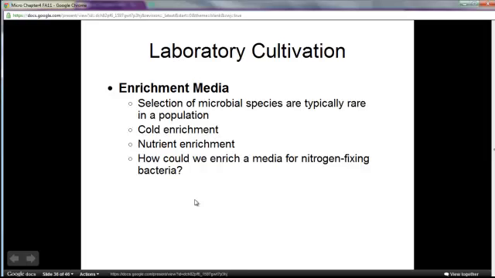There's also nutrient enrichment. If you know that a rare species will eat organic compounds like sugars like glucose, but you also know that it'll eat fats, and maybe some organisms won't, then maybe you'll set up a medium in which only fats are available to eat, and therefore you would expect these species to do much better.